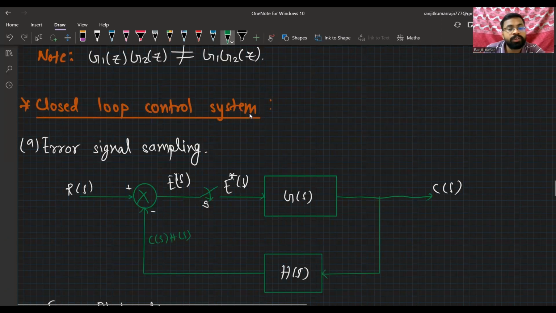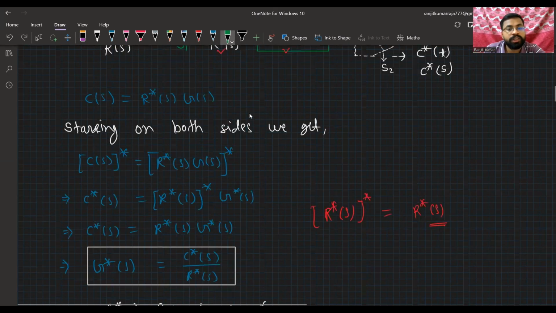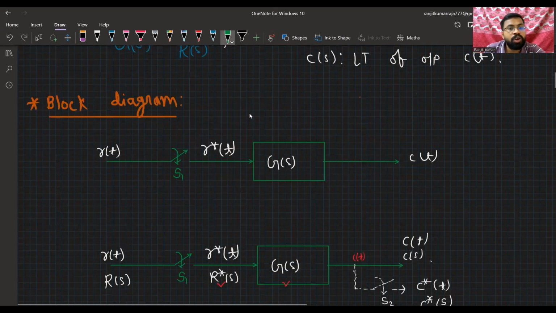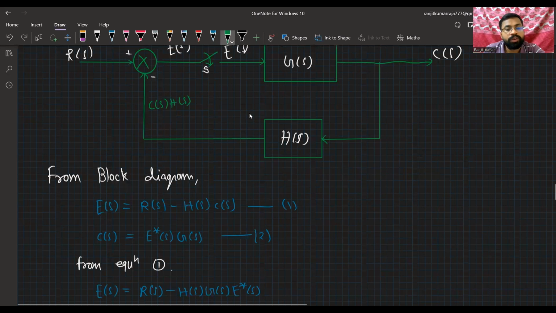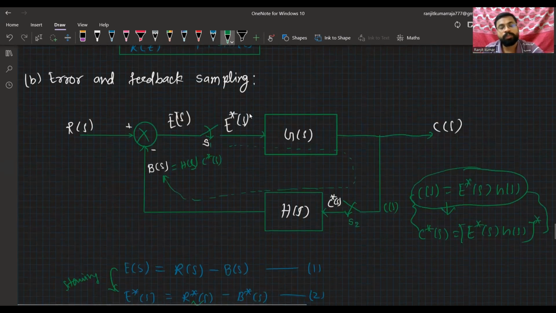How we can calculate the pulse transfer function from the block diagram, I have also discussed, that is block diagram reduction. Whenever you get many more plants, like, just think here G of S only is there. Suppose I am adding one more plant, let's suppose that is G2 of S, and again I am providing one sampler.